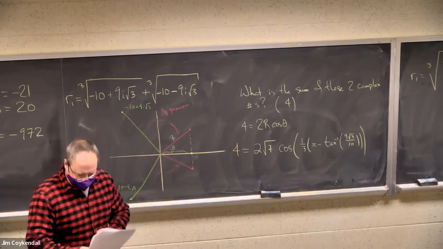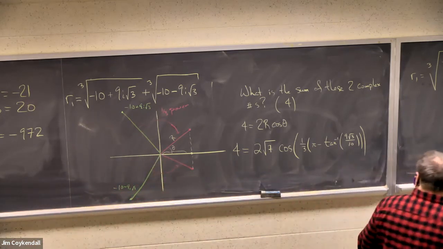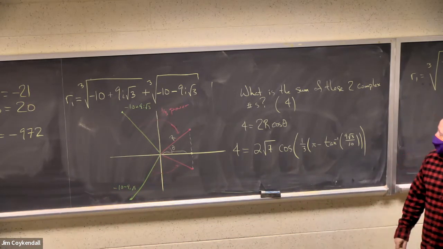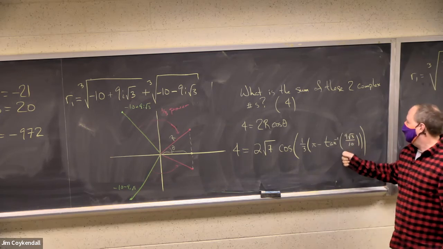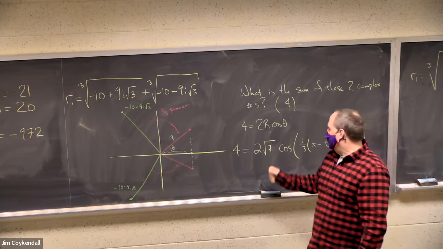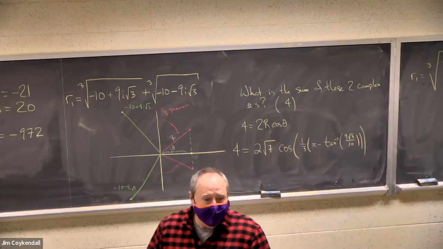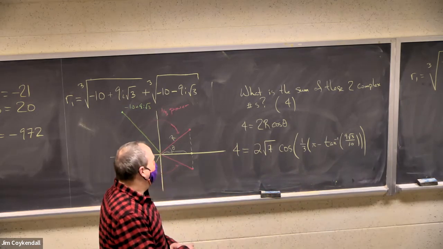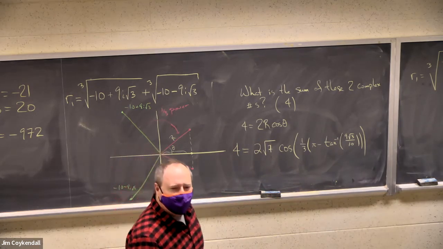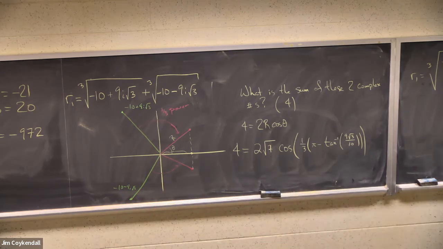Now that's probably another identity that I'm willing to bet that you've never seen, but check it, run it on your calculator. If you take the inverse tangent of this thing, subtract it off the pi, take 1/3 of that, the cosine, multiply by radical 7, you will get 2. Right? And that's a nice consequence of this. And I've always found it kind of fascinating about how these numbers kind of relate like that. Okay.